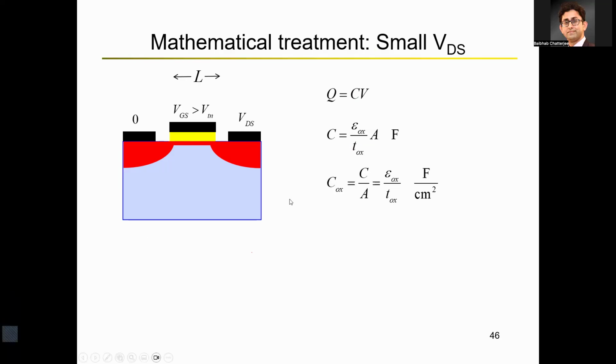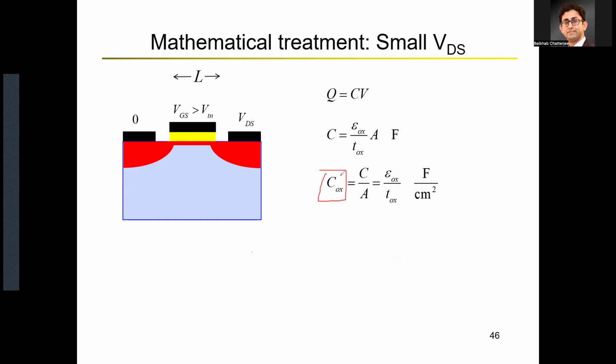All right. Now, if you want to represent the capacitance per unit area in circuit design or in terms of MOSFETs, that channel capacitance per unit area is termed as COX. And this is universally true, right?